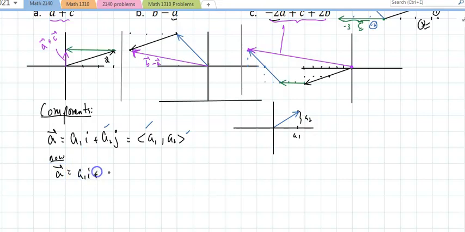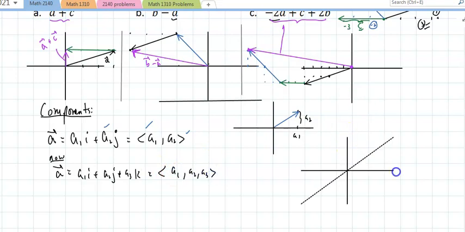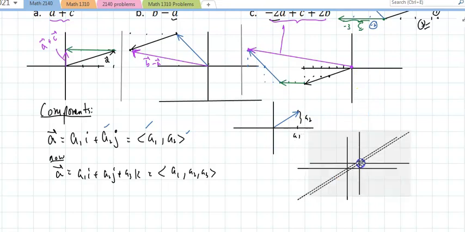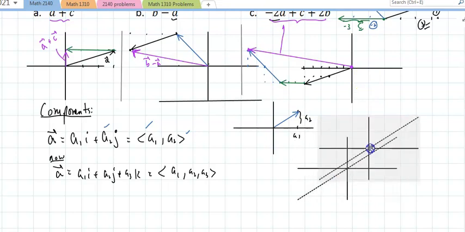Now, we're really interested in A being a sub 1 I plus a sub 2 j plus a sub 3 k. And component-wise, we say that's a sub 1, a sub 2, a sub 3. A bit tricky to graph. The graph is not really the problem. Seeing it is the hard part.